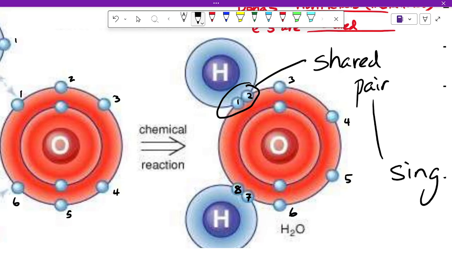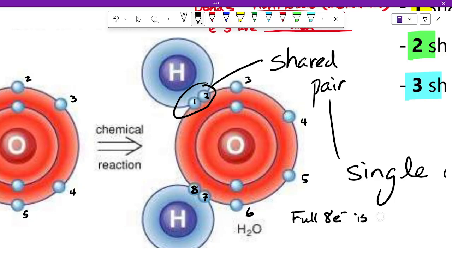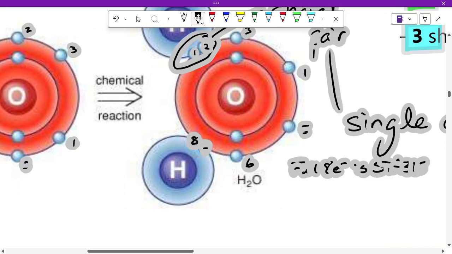So everybody has a, what do we call that when it's got a full 8 electrons? Yeah, that's right. It's stable, or 2 for hydrogen.